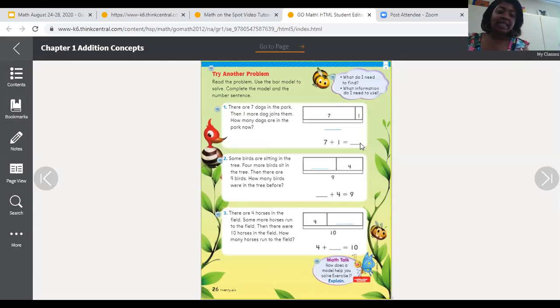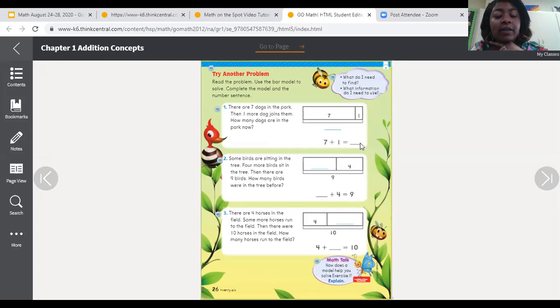All right, let's look at the next one, number 3. There are 4 horses in the field. Some more horses run to the field. Then there were 10 horses in the field. How many horses are in the field?